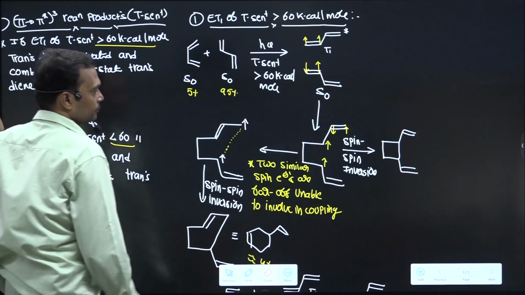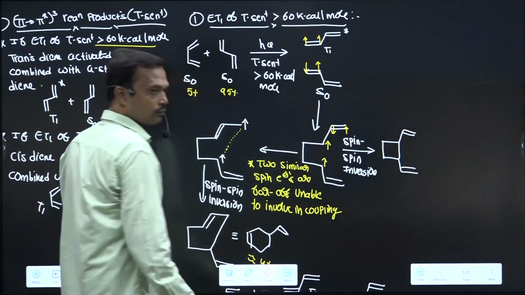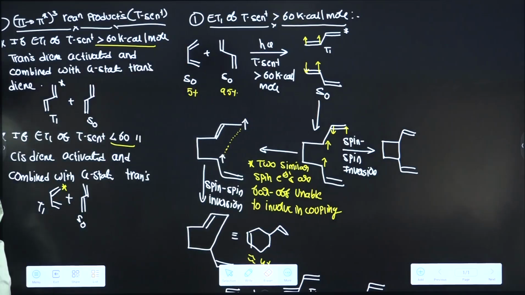Spin-spin inversion: when two electrons come close together, one of the electrons undergoes spin inversion due to electron-electron repulsion.